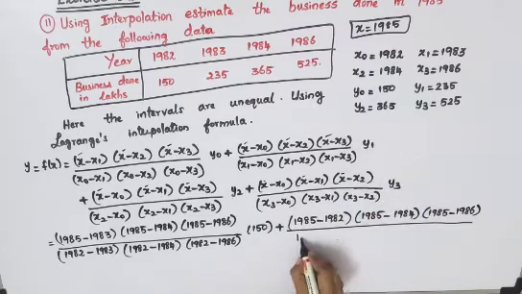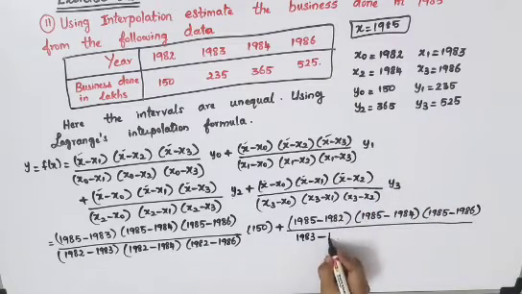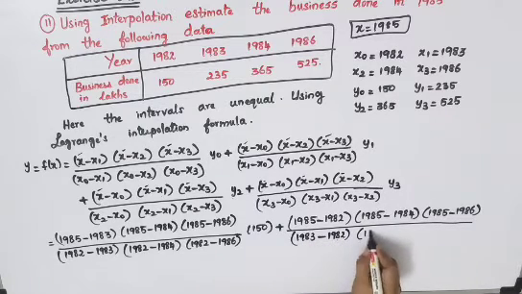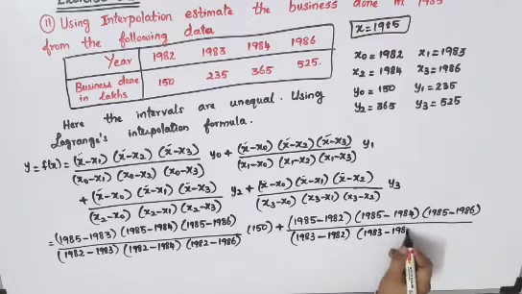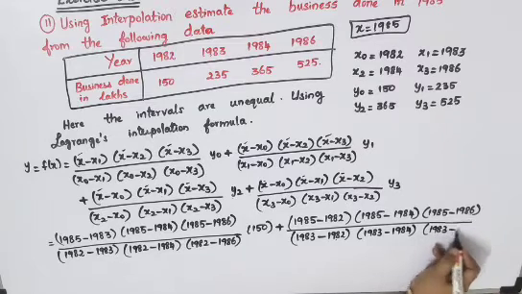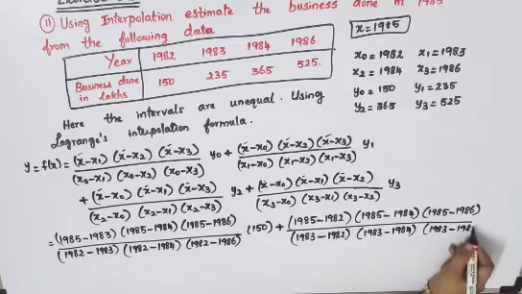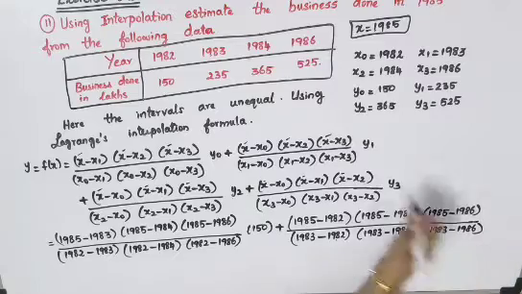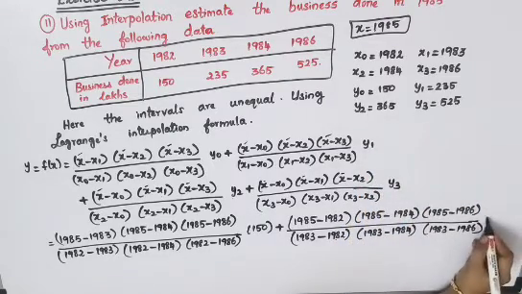So x1 is 1983 minus, just see here itself and write it, 1982. And 1983 again minus this 1984. Again 1983 minus 1986, into your y1. Y1 is 235.